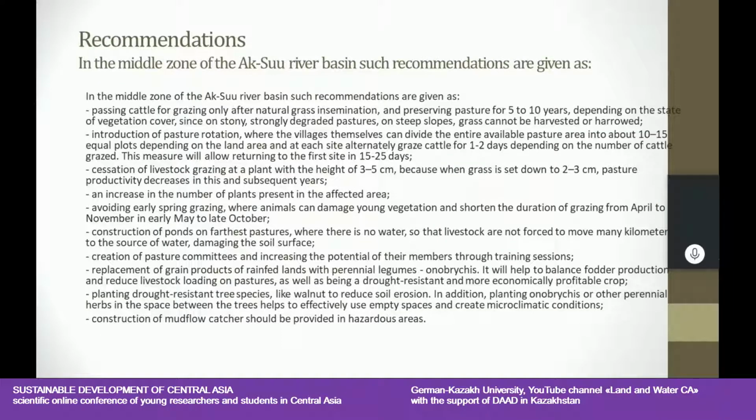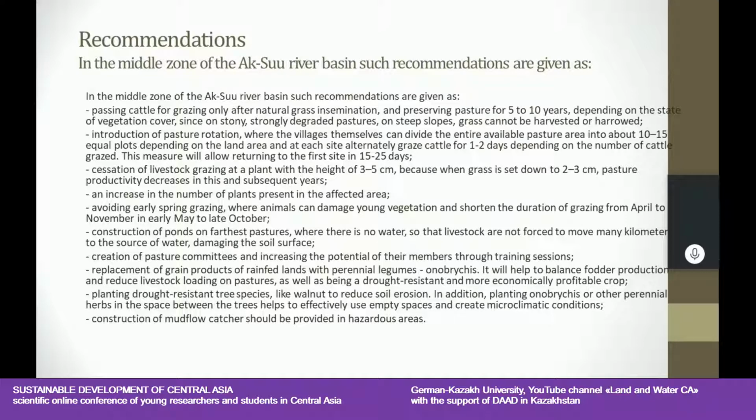And in the middle part, it was found that grazing should be limited, for example not from April to November, but from May until October, and also planting anobrychis and alfalfa.